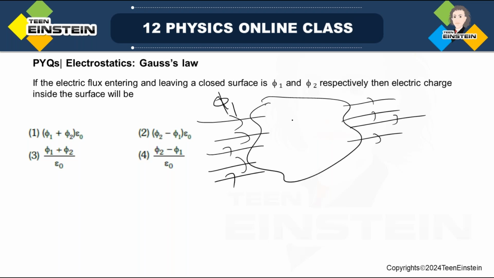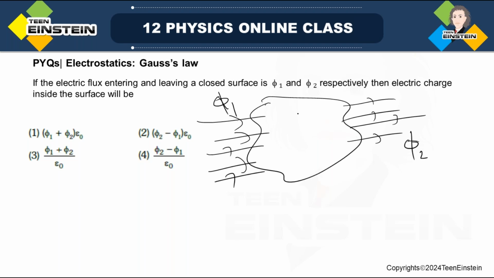So if these two are not equal, then there will be some flux which will be remaining here, enclosed.